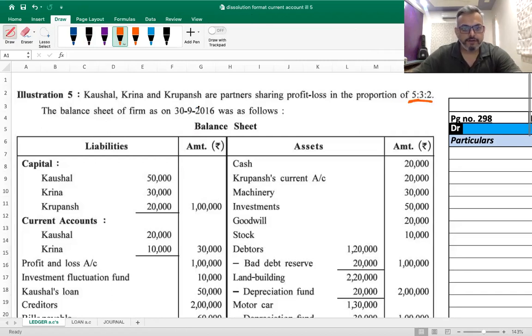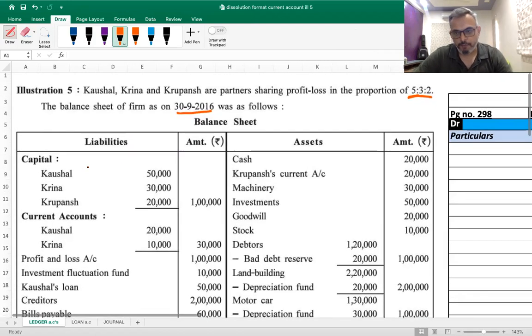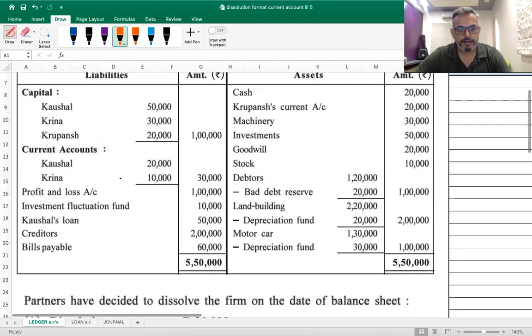Okay, the balance sheet of the firm as on 30th September 2016 was as follows. Now capital Kaushal, Krina, Krupansh 50,000, 30,000, 20,000. Current account Kaushal, Krina. Now these capital and current account balances will go to their accounts, the capital account and current account.